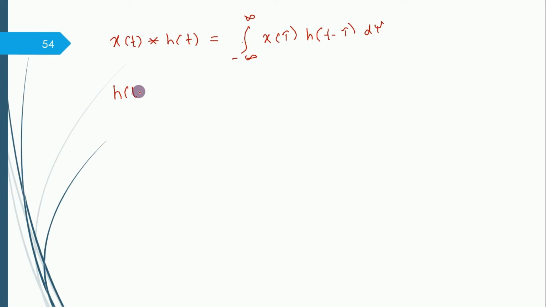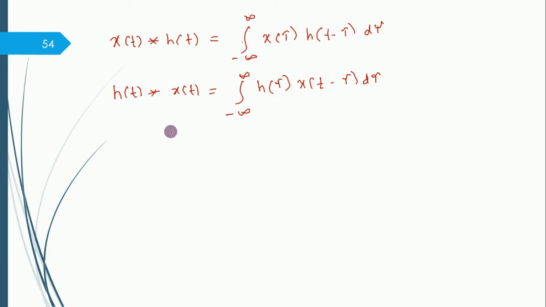If I write it in this manner, what do you get? Minus infinity to plus infinity h of tau x of t minus tau d tau.